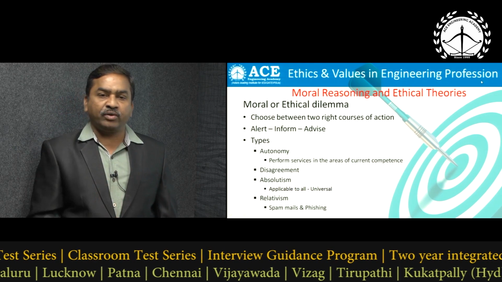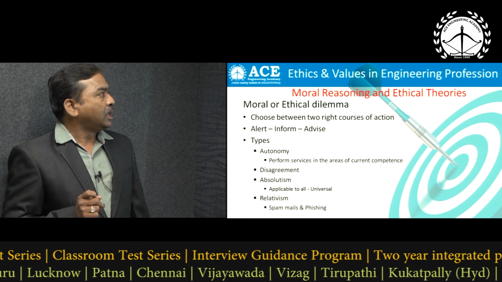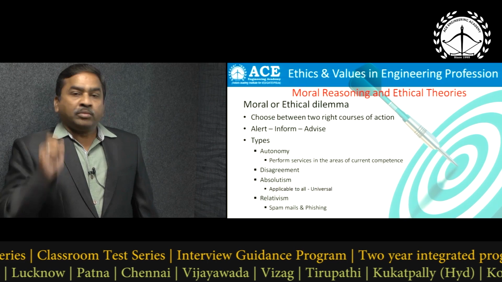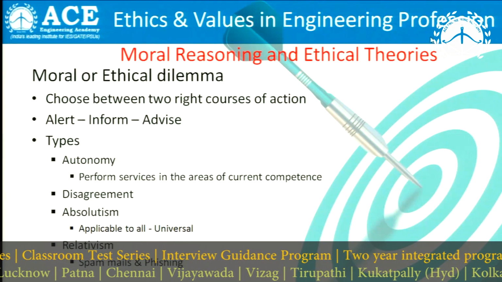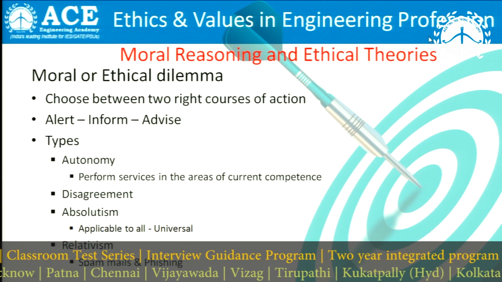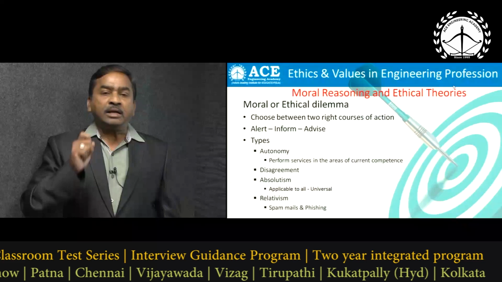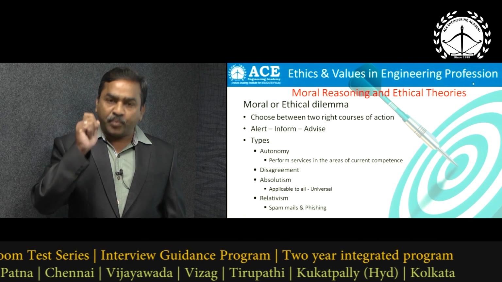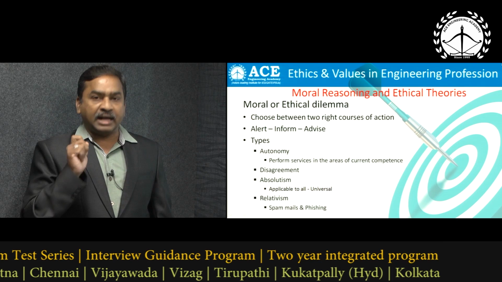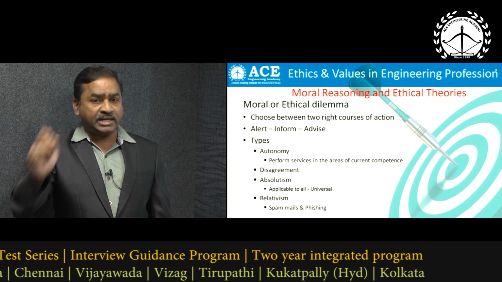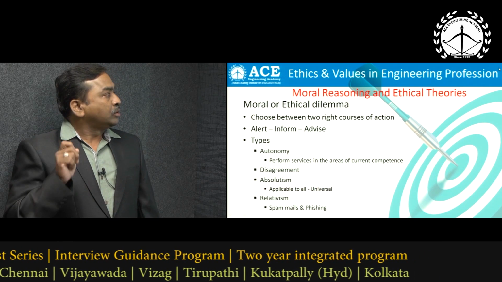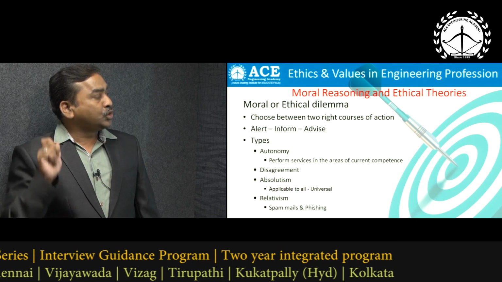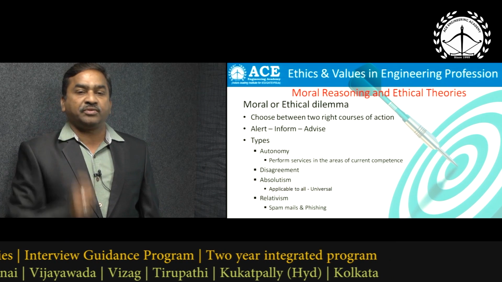Similar argument can be given for Gilligan as well. Now, one important component is dilemma. Ethical theories help us in facing dilemma with confidence and take appropriate decision, a clear decision which is in the interest of the society. As you can see the point, choose between two right courses of action.